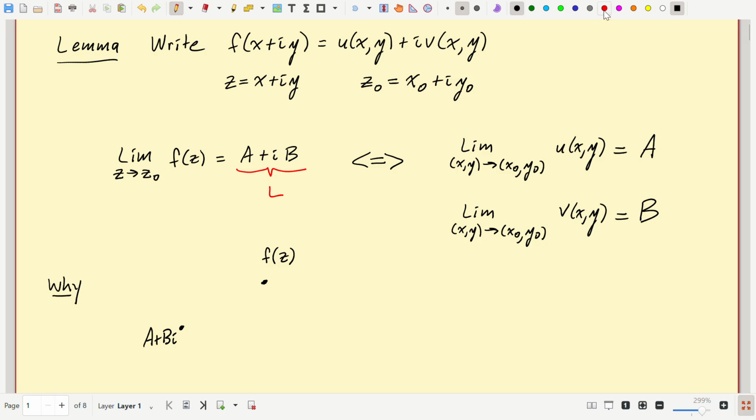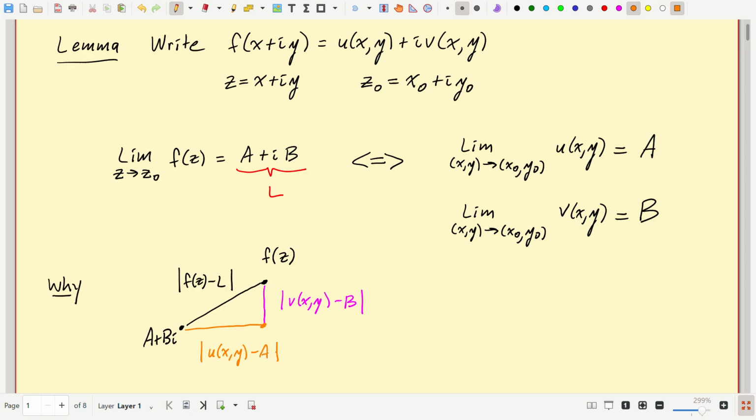Then this distance would be the distance f of z minus L. And this distance here of a right triangle would be v of xy minus b. And this distance here would be the length u of xy minus a.